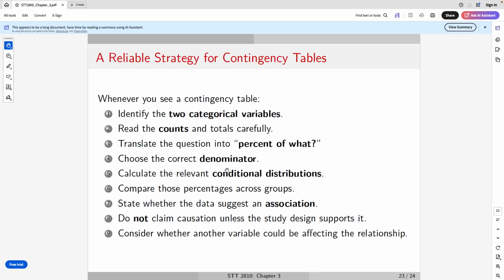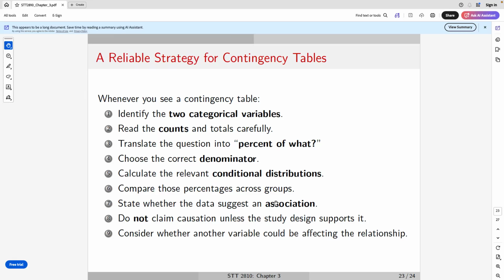So what we've learned so far is that we know what a contingency table is. It presents the counts for two categorical variables. And then like we did here, we should be able to understand the contingency table better, learn how to find the marginal distributions of the various variables, learn how to find the various conditional distributions, and also learn how to determine if there is an association or not.